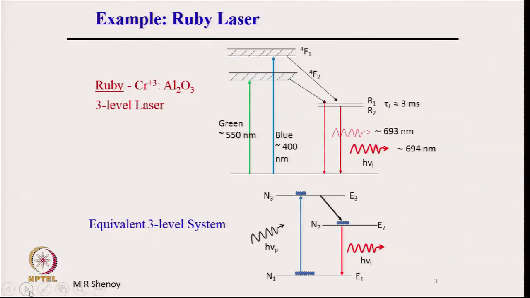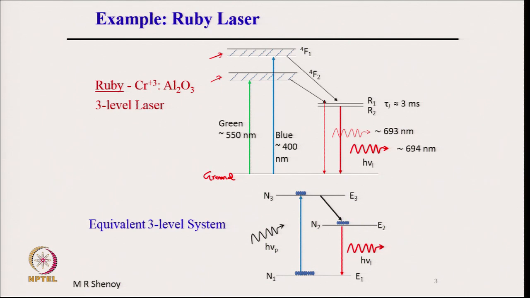Before we write the rate equations, the system that we are discussing is typical of a ruby laser. A ruby laser is a 3-level system, but the actual levels of ruby are shown here. So, this is the ground state, and there are 2 bands shown here, 4F1 and 4F2, at the excited level.